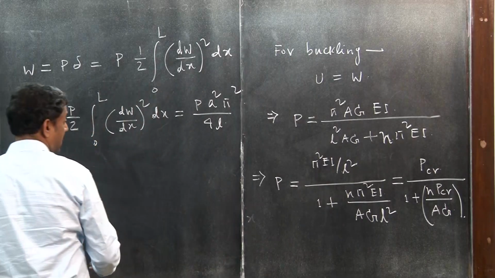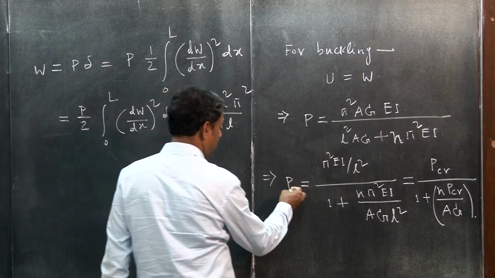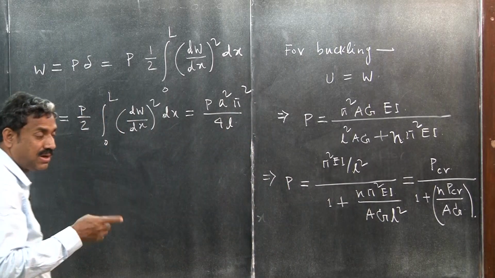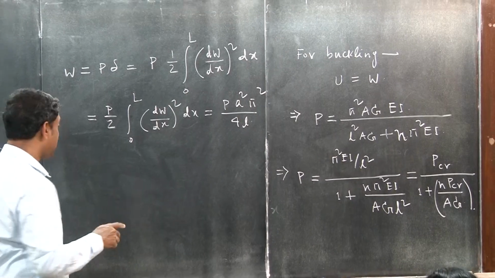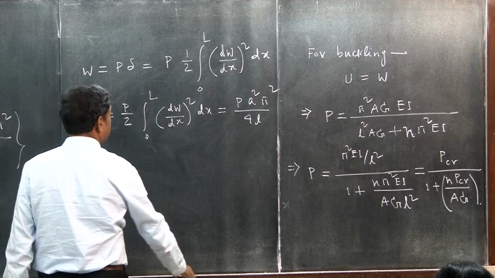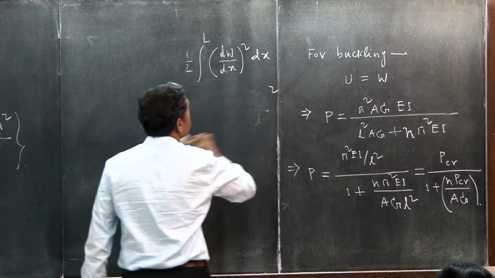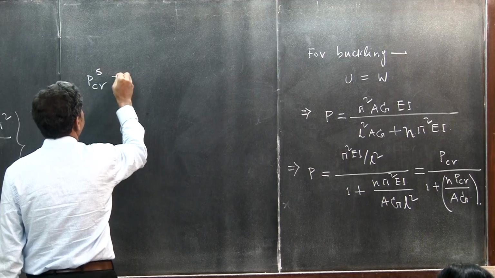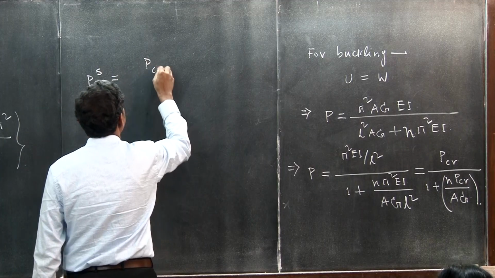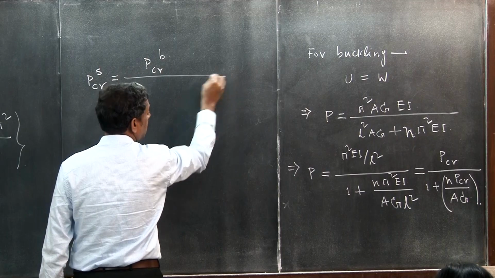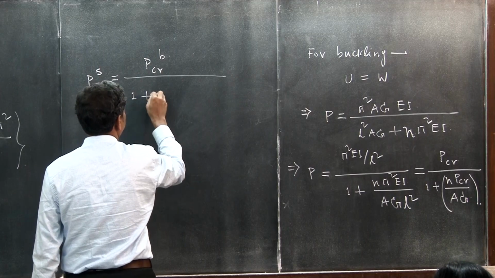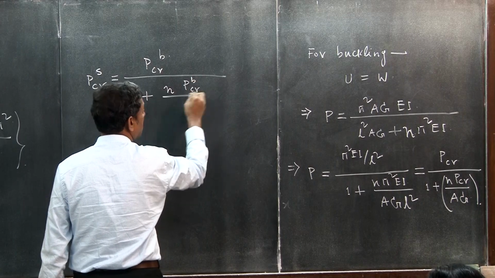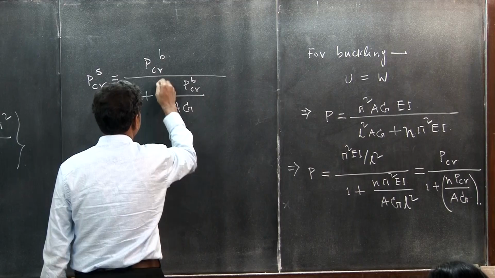So what we see here is the critical load, maybe I am going to write this P, is nothing but the critical load in presence of shear deformation, right? So I can write that P critical in presence of shear deformation becomes P critical, whatever is the pure bending, divided by 1 plus N P critical for bending, and then AG.